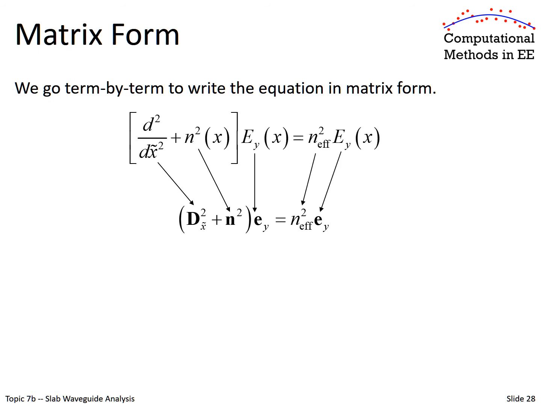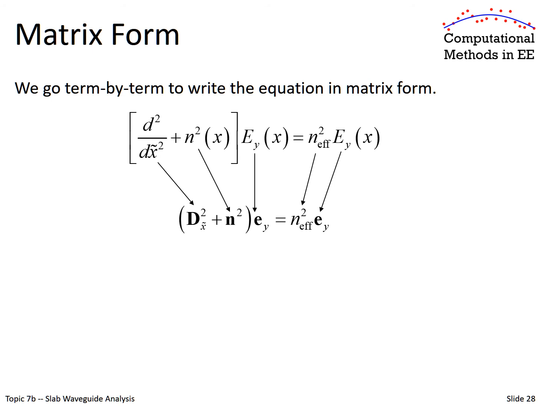So armed with how we do our finite differences, where we write our differential equation and we go term by term and convert everything either to a scalar constant, a square matrix, or a column vector. Now in this case, we only have our unknown. There's no source or excitation, so this EY is the only thing that is stored in a column vector. So in these column vectors will be the electric field at each point. And if we were to plot it, we would see pictures of our modes.